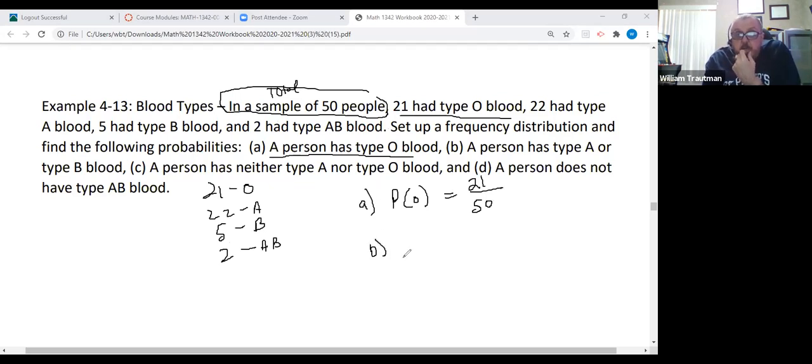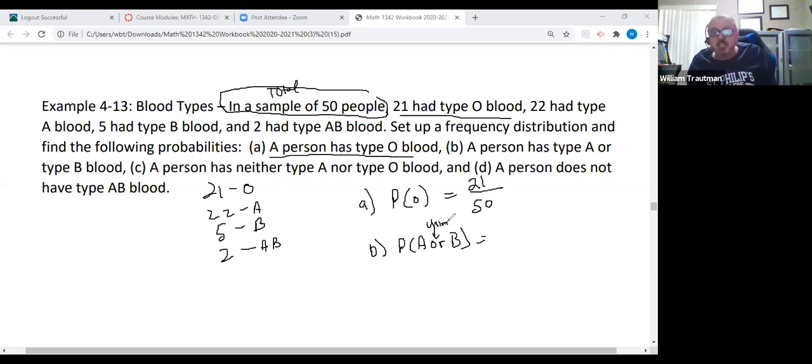Part B, a person has type A or type B. Here's the word or. Or means union. It's like a marriage. And is the intersection, or is a union. That means we're bringing it together.